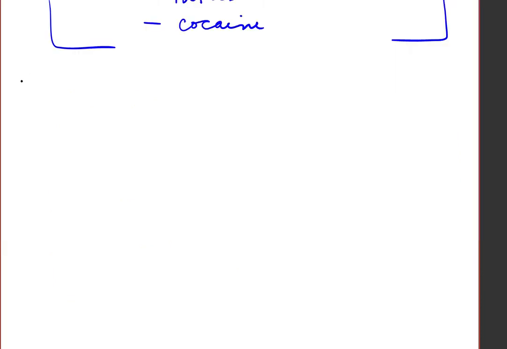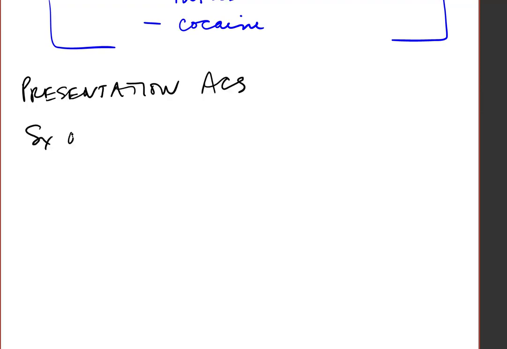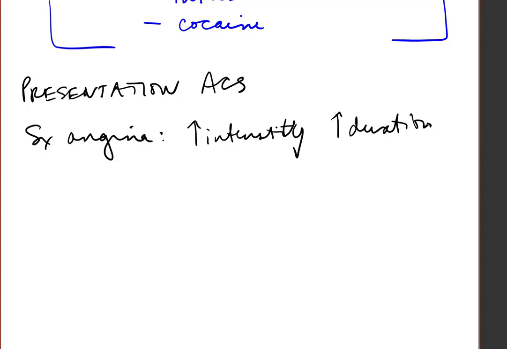What is the typical presentation of an acute coronary syndrome? First of all, when we talk about the symptoms of the angina, compared to a stable angina, they have greater intensity, greater duration, and they are unrelated to exercise and rest.